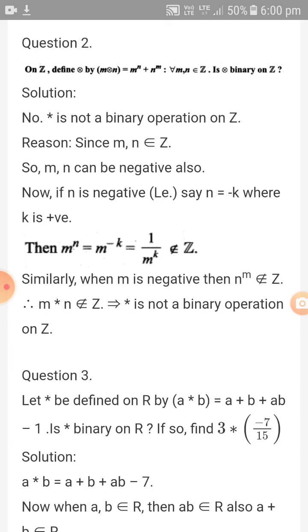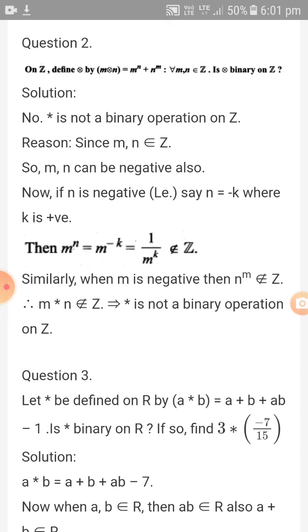Suppose we take one example, m power n, here n equal to minus k. Then m power minus k we can write as 1 by m power k, which does not belong to integers. Similarly if m is negative, then n power m does not belong to integers. So m star n does not belong to integers. Star is not a binary operation on Z.